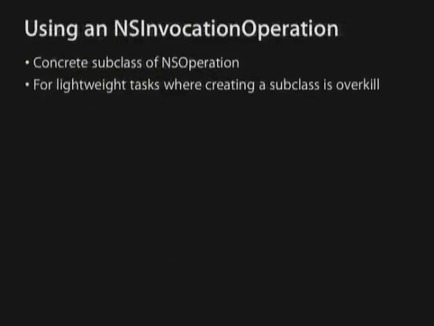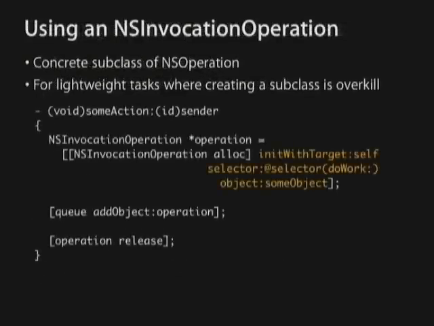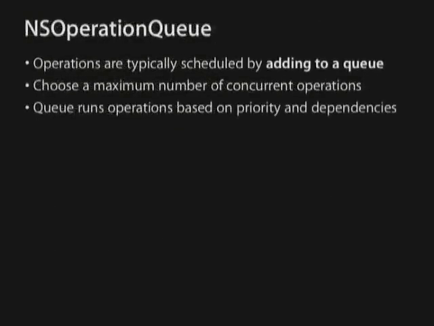Then you add these things to, well, let me skip ahead a slide and talk about that. We add these things to an NSOperationQueue, okay? And the NSOperationQueue allows you to add all of these different operations, set the priorities and dependencies on the operations, and it will schedule them appropriately. So it'll make sure that the dependencies are respected, the priorities are respected when it can.